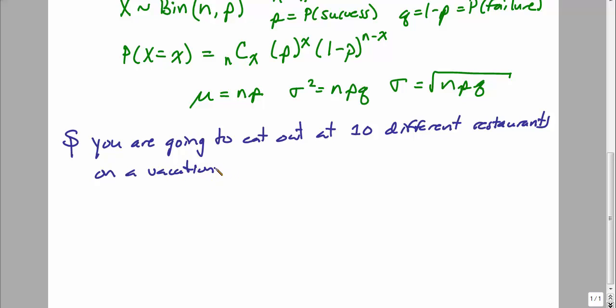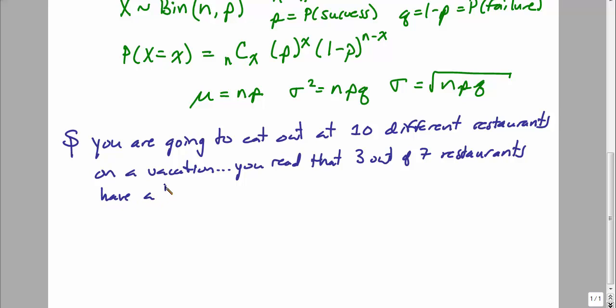And as you are doing some reading about this, eating out at these restaurants on your vacation, you read that 3 out of 7 restaurants have some sort of a health code violation where you're traveling to. Now we don't know what type of health code violation, we just know there's been a violation. And we don't know which restaurants have this, we just know that on average about 3 out of 7 restaurants have a health code violation.